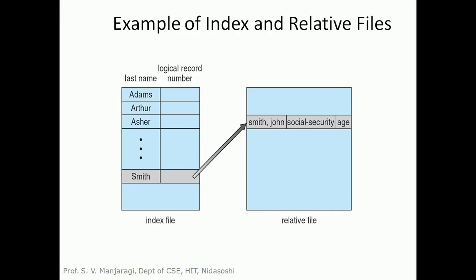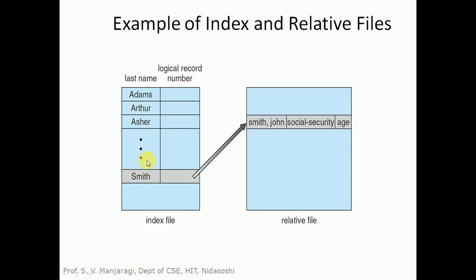Now let us look at index and relative file. There is something called an index file maintained in the system. Index is something like a book index. It has two fields: the name of the file and the logical record number. In the index file, we find these two columns.